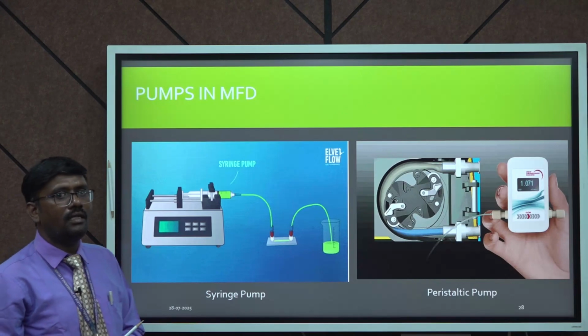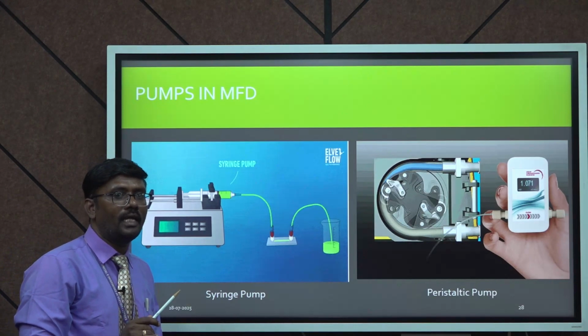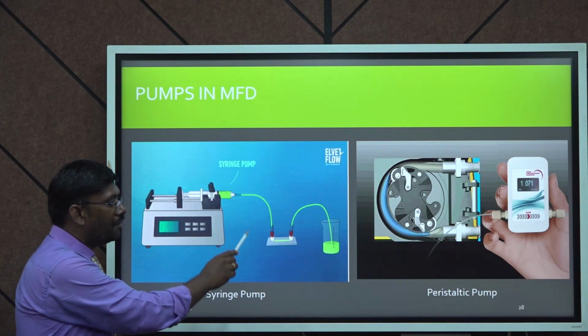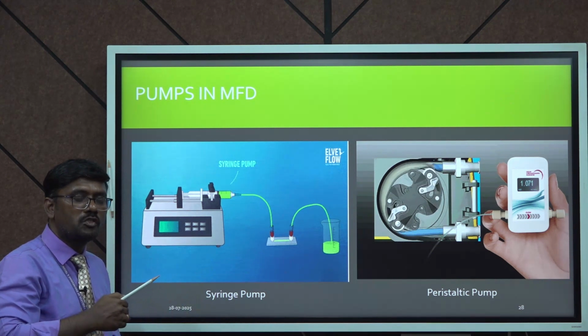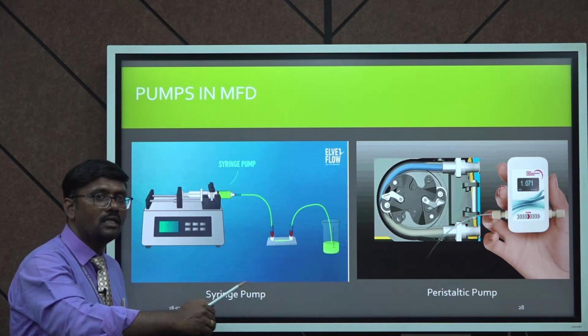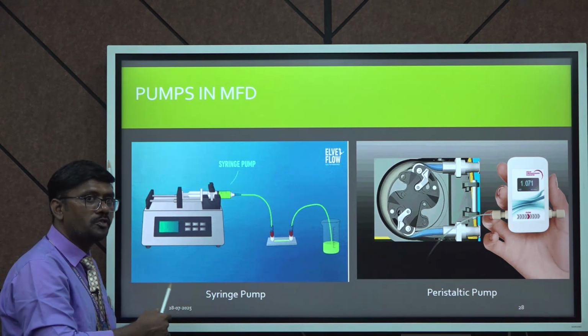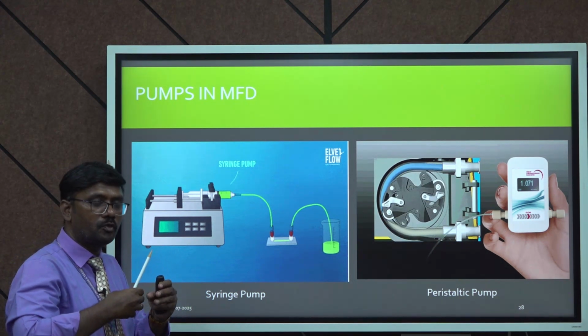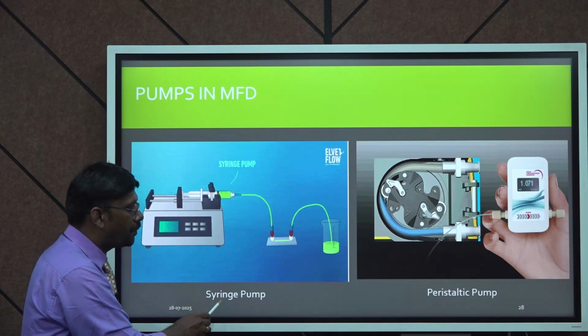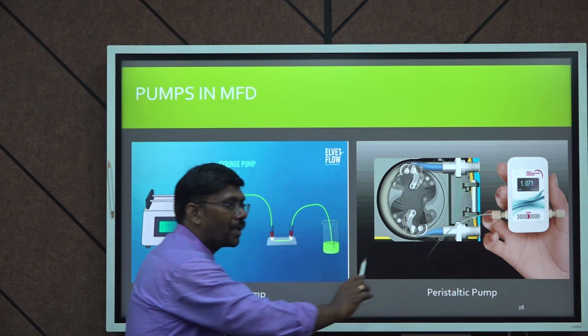Okay. Let us see the components involved in the MFD. A very important thing is that the fluid has to move from one place to another. It is by a mechanical process where pumps are used to transfer the fluid through the microchannel, where a syringe pump or a peristaltic pump can be used.